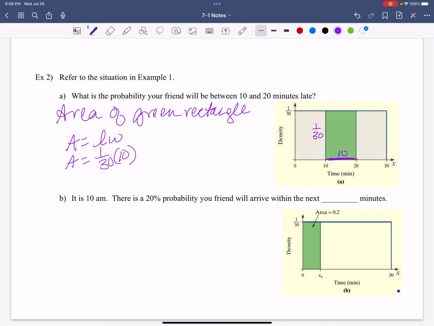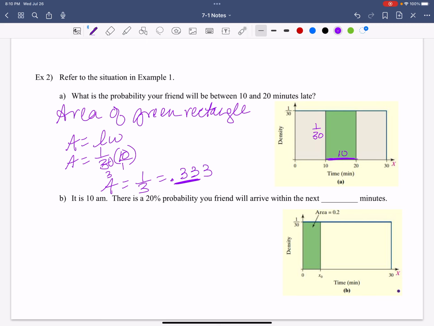This is over 1. 10 goes into 30 three times. So my area here is 1/3, or if you're doing it in your calculator, you'll get 0.3 repeating. So that's my probability. The probability that my friend is going to be between 10 and 20 minutes late is 0.33. That's my probability. All right.